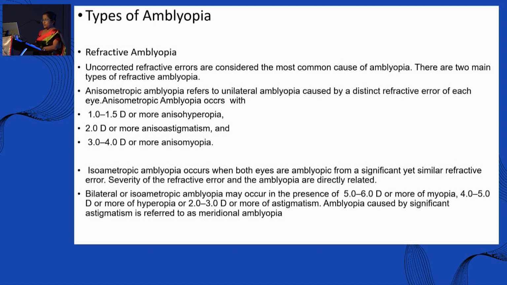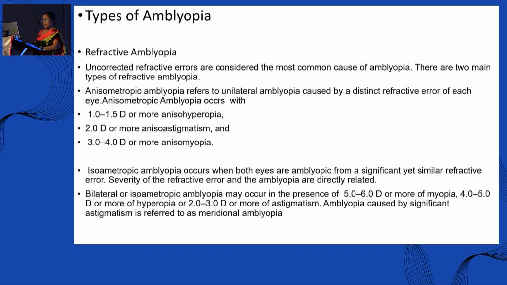Isometropic amblyopia occurs when both eyes are amblyopic from a significant yet similar refractive error. The severity of the refractive error and the amblyopia are directly related: when the refractive error is higher, the amblyopia density is also higher.